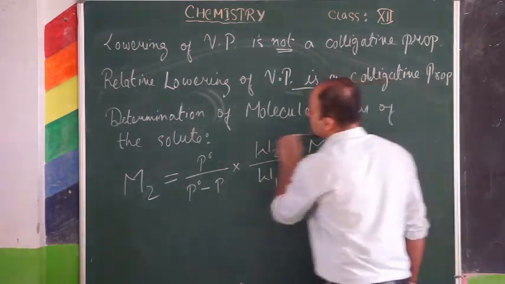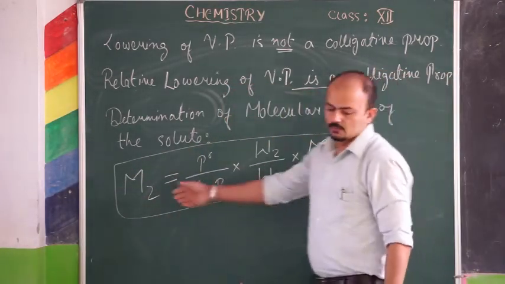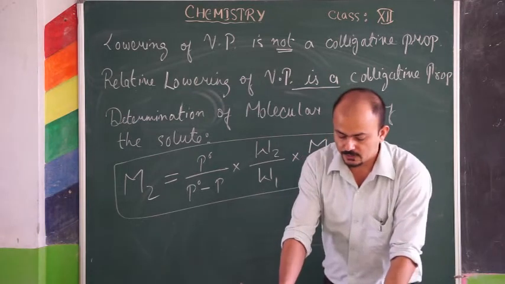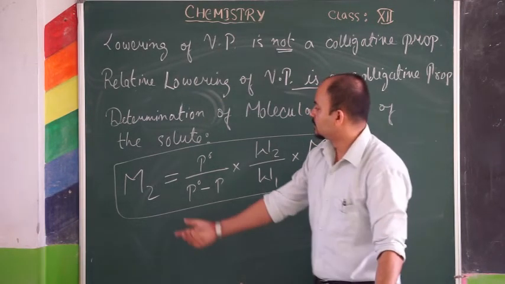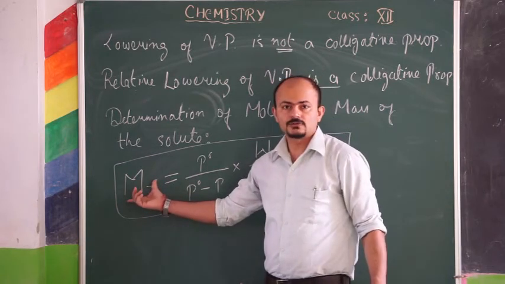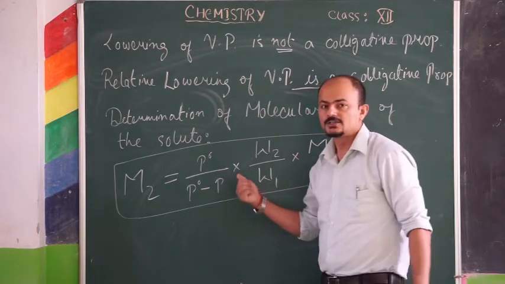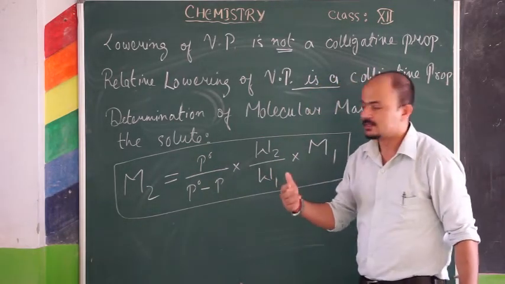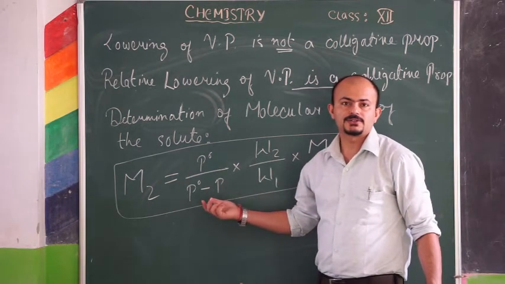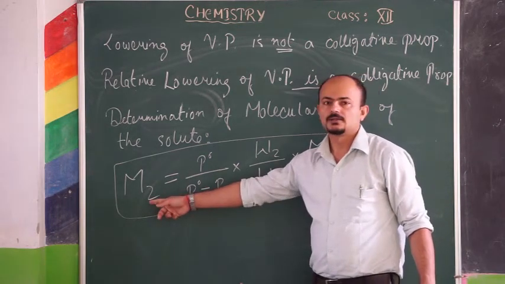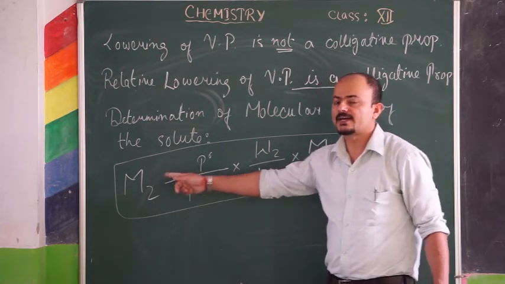So from this particular expression, you can determine the molecular weight or the molecular mass of this particular solid particle. 2 is for solid, please don't forget, and 1 is for solvent. And by knowing its relative lowering of vapor pressure, we can determine the molecular mass of the solid.